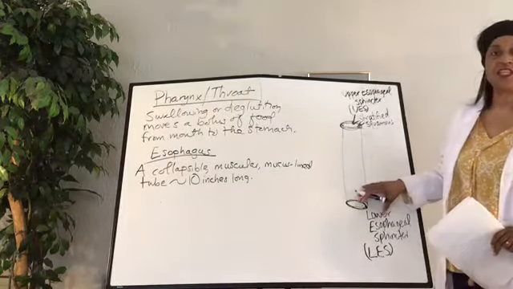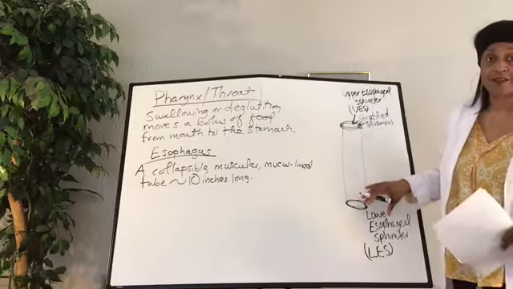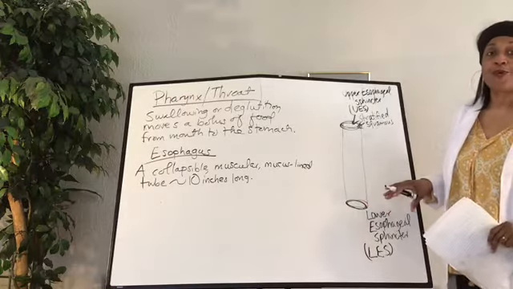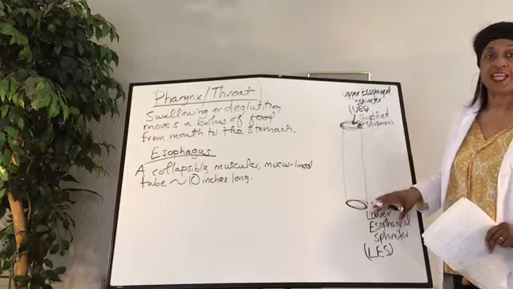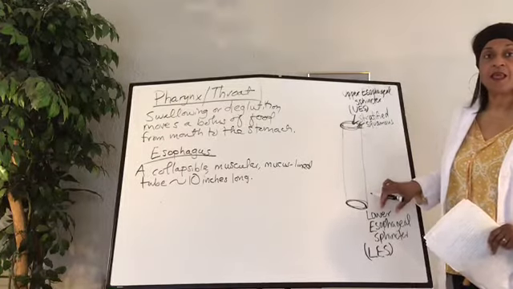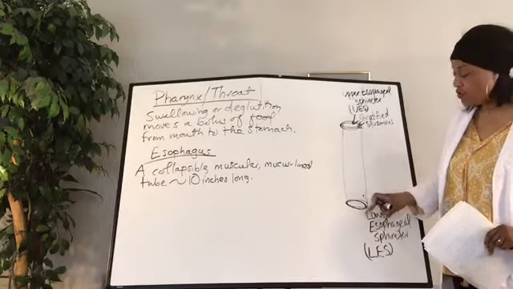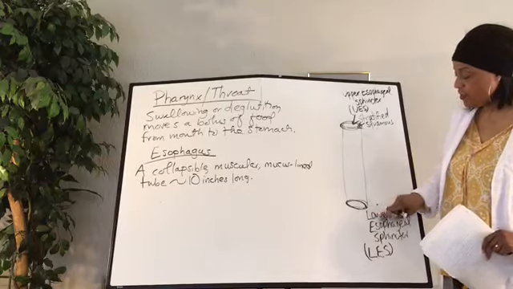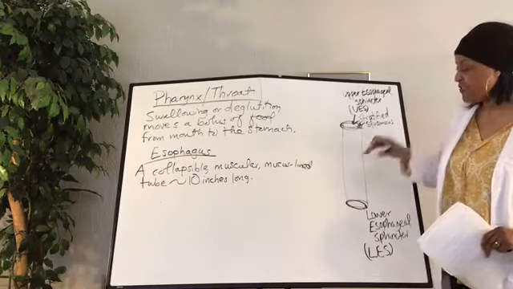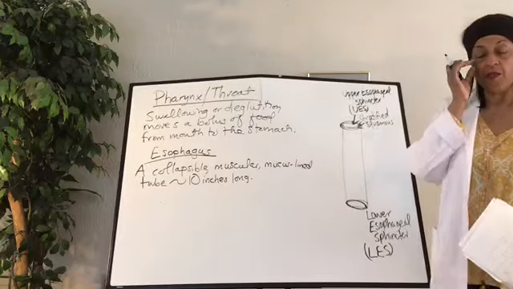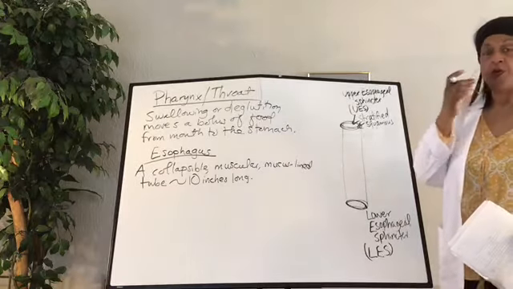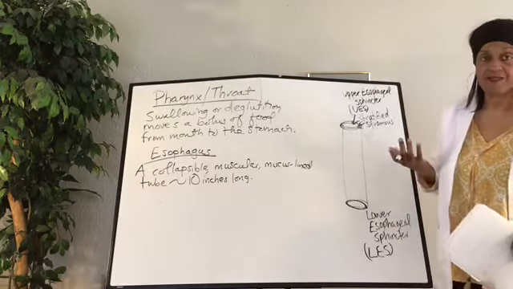This one is the bajillion-dollar sphincter. In other words, Americans take so much medication to control this thing so that they don't get heartburn. So that the food does not go up this lower esophageal sphincter into the esophagus and cause something that we call heartburn or reflux, right?